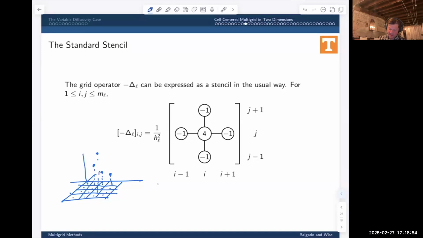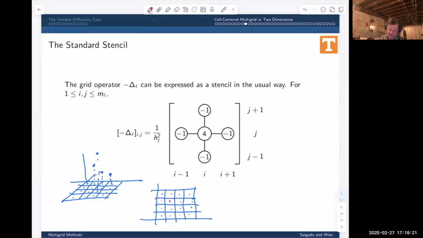But what is a stencil doing? Well, again, we want to look at the grid, not the grid functions. So here's a grid that has 16 points in it. Suppose we want to calculate this operator on a grid function at that point. Well, we're going to apply the 5-point stencil to do that.